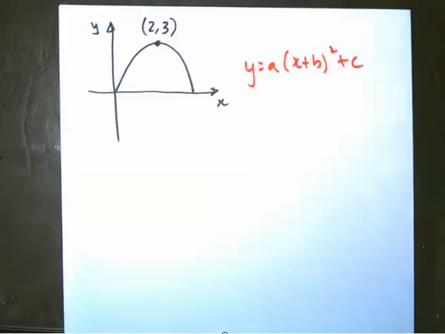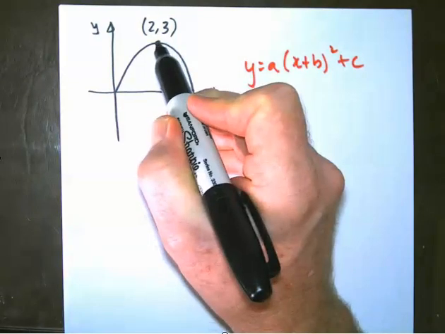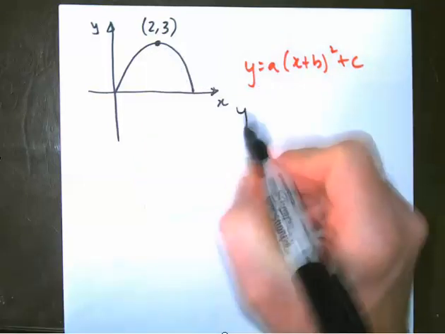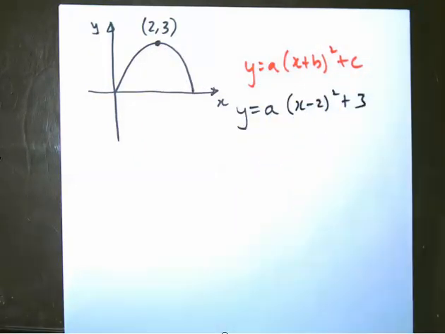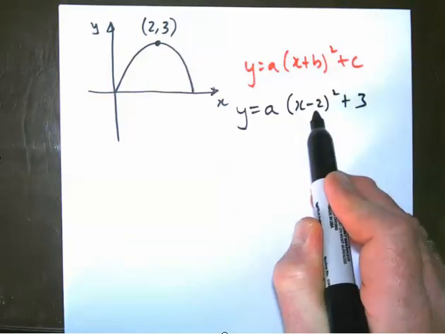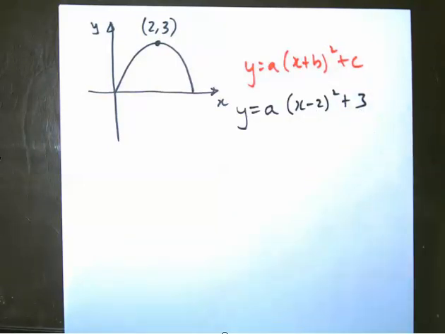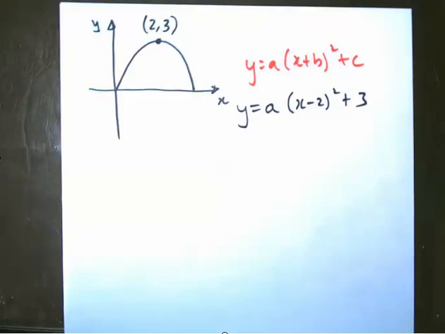The second method involves using the general turning point rule. If I have this parabola and the turning point is at (2, 3), then I know that y equals a(x minus 2) squared plus 3. Using my transformation information, I know that that will be a -2 and that will be a positive 3. Parabolas are perfectly symmetrical.